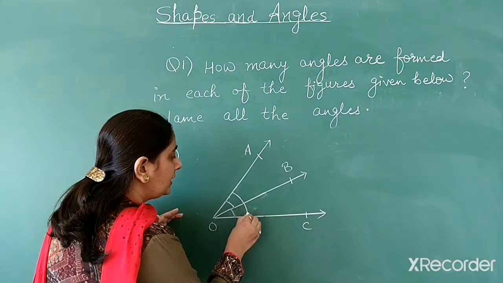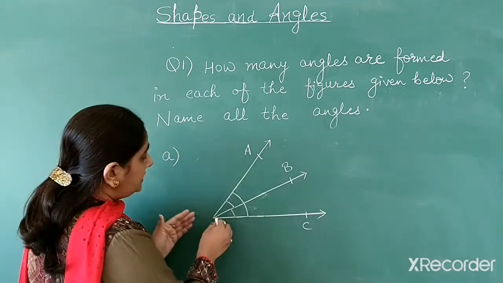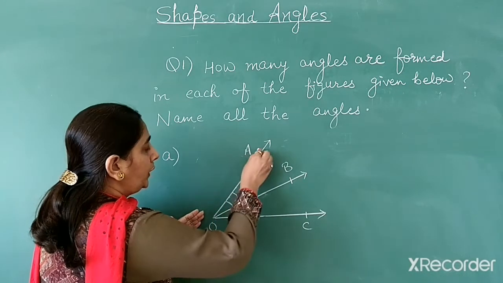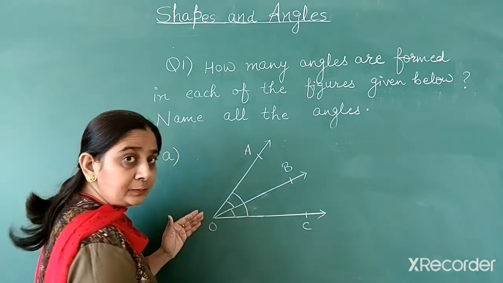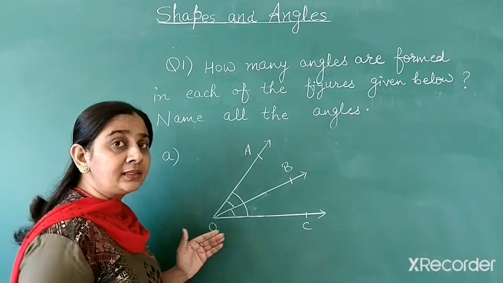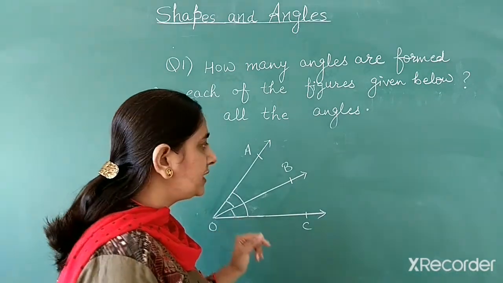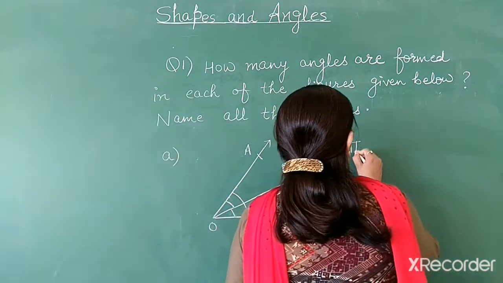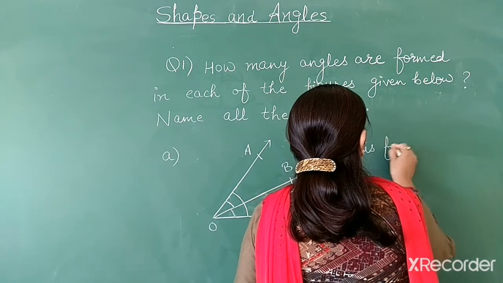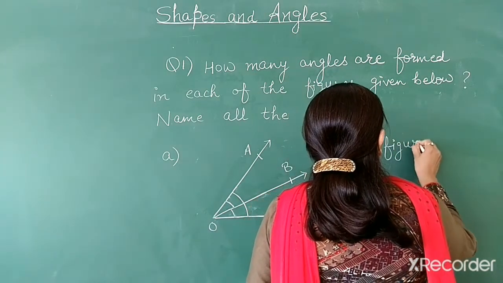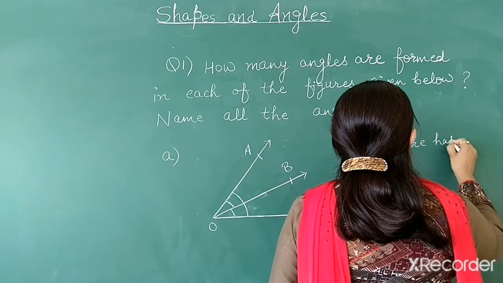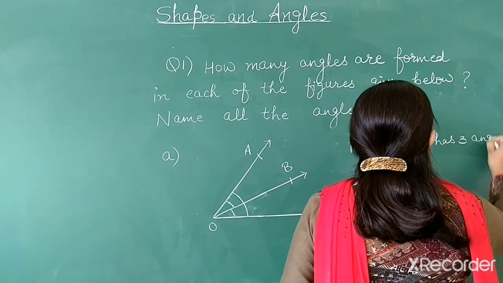So, there is one more angle in this figure, children, and it is made by the ray OA and OC. So, there are three angles in this figure. So, we will write, this figure has three angles.